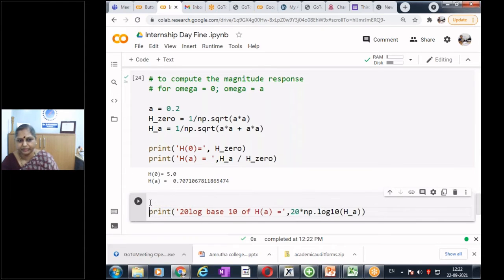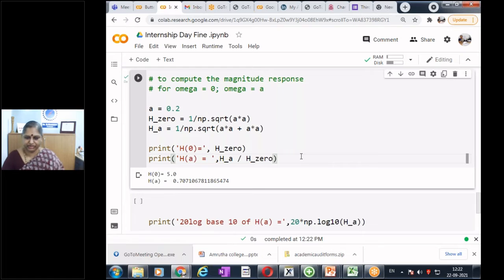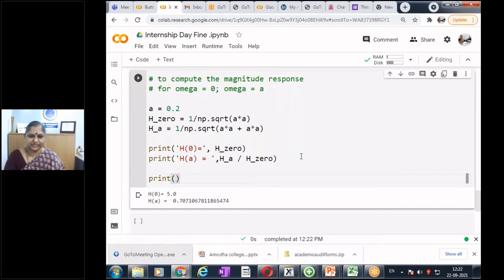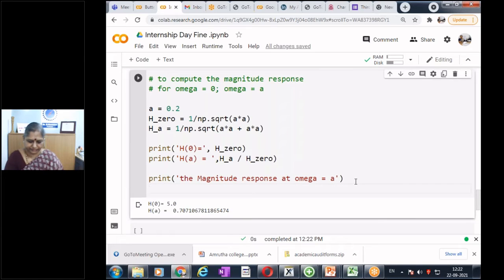And if you want the same in dB, so what is the observation? So print just a statement: the magnitude response at omega equal to A is 0.707 times the magnitude at h of 0.